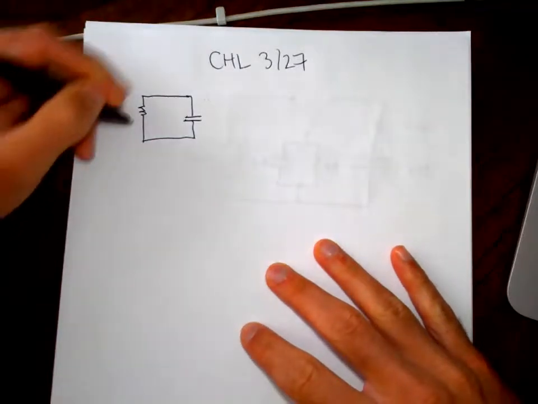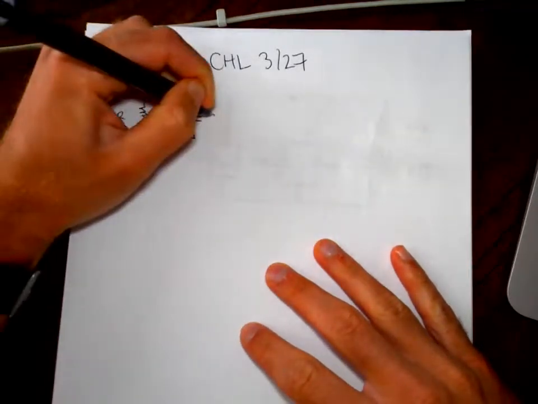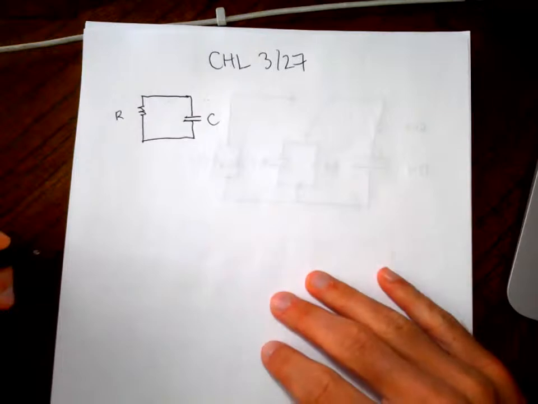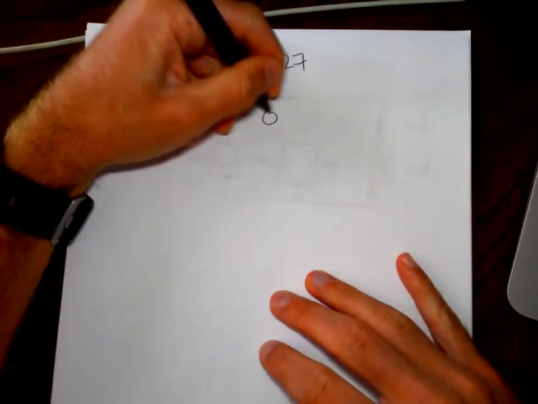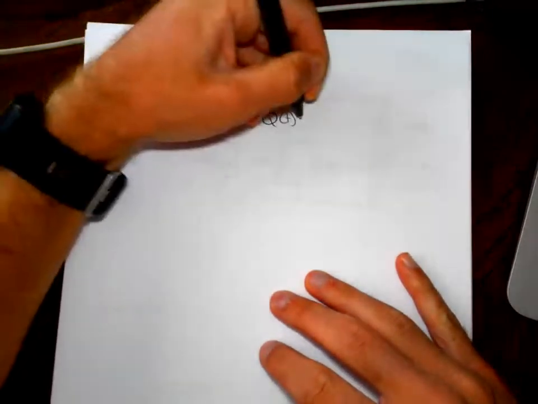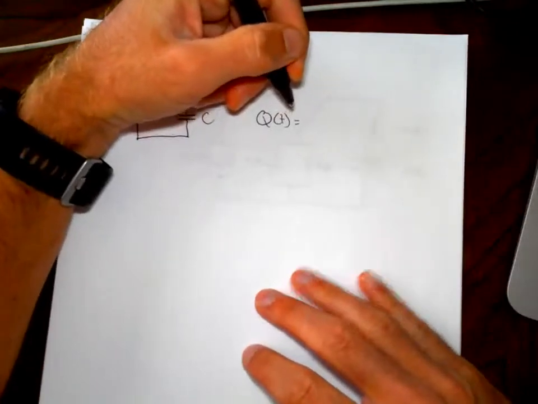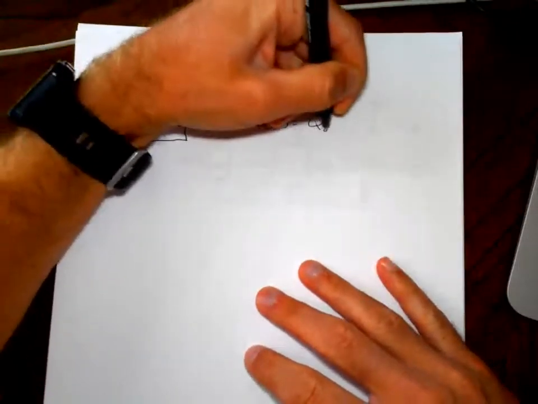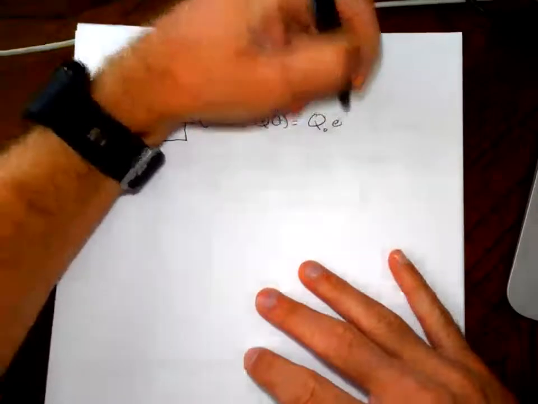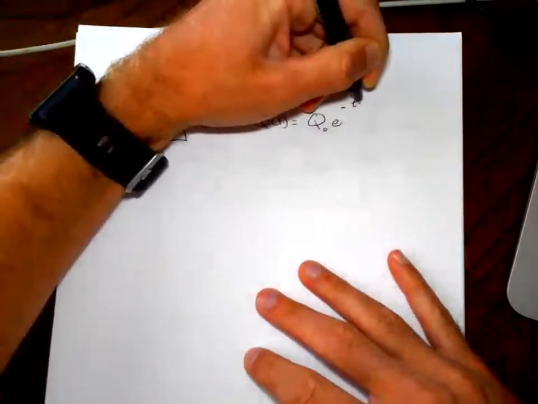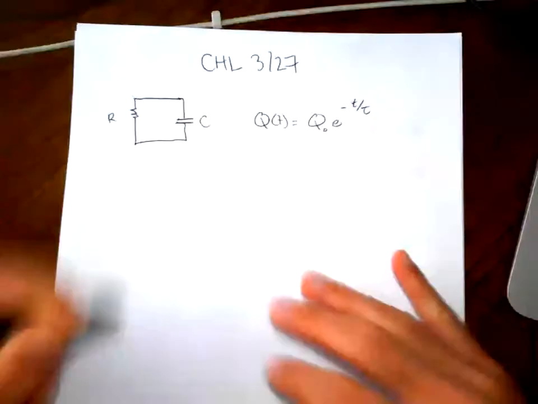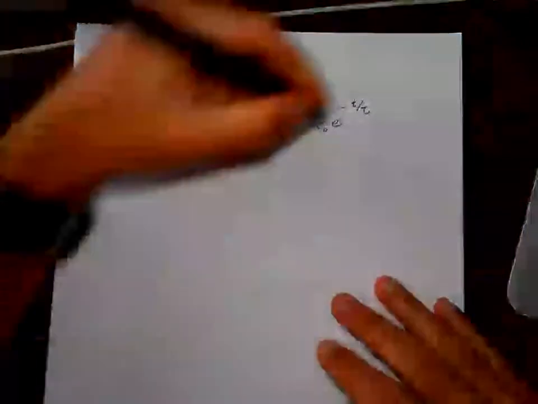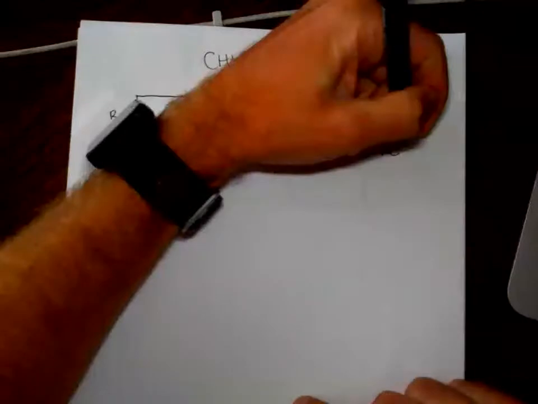And when you have an RC circuit, we solved that the charge on the capacitor as a function of time is given by Q naught times e to the minus t over tau, where tau was equal to RC, the time constant.